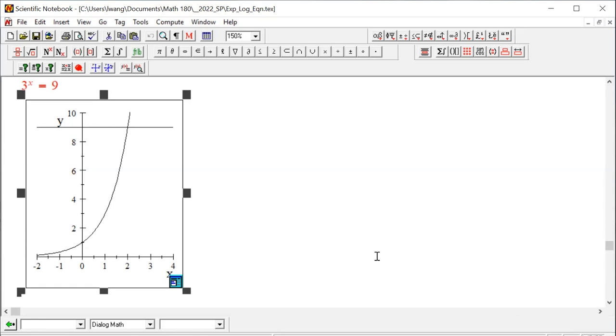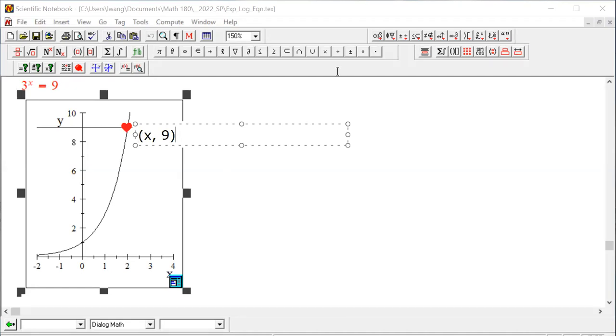At the point of intersection with the curve, that point has an input and an output. That input is x, and the output is 9. So what input will cause the output to be 9? That's the nature of the question.